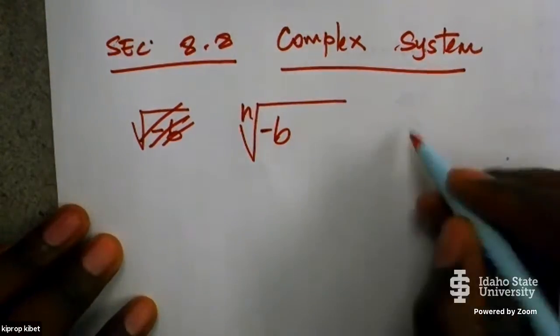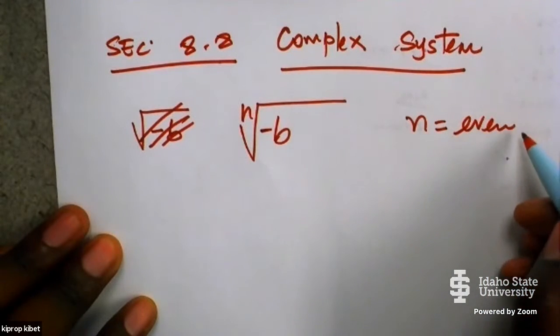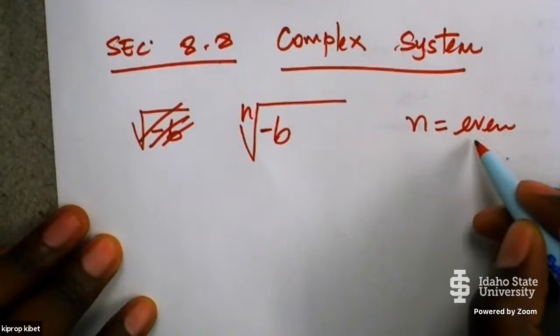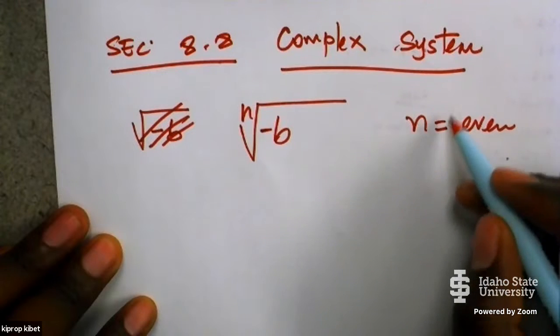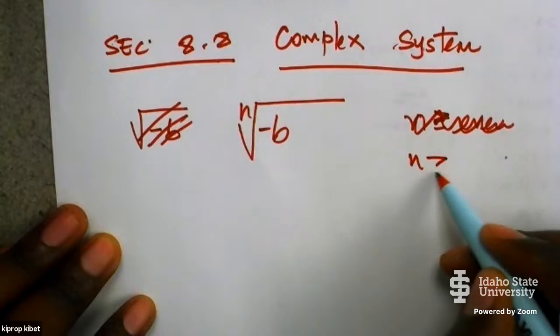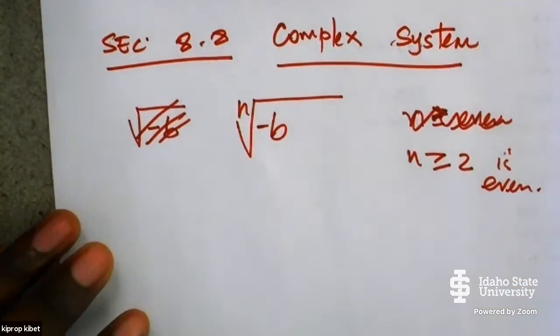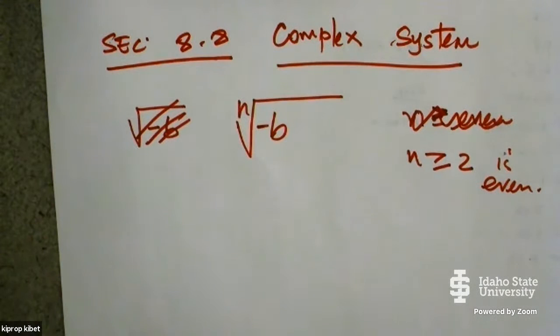If n is even and n is greater than or equal to 2, then the root of that negative will be a complex number.